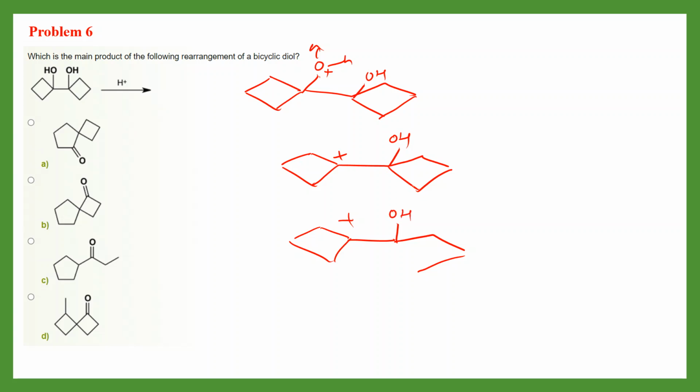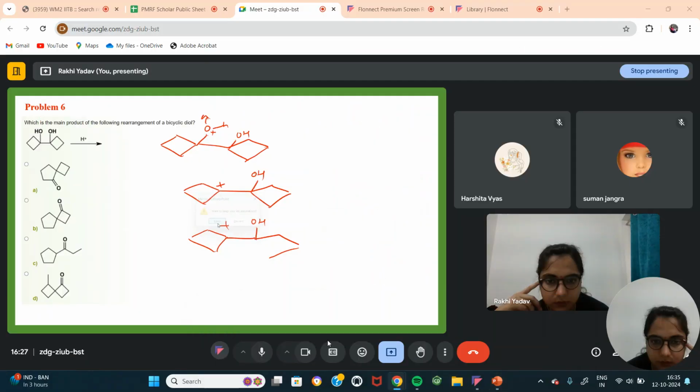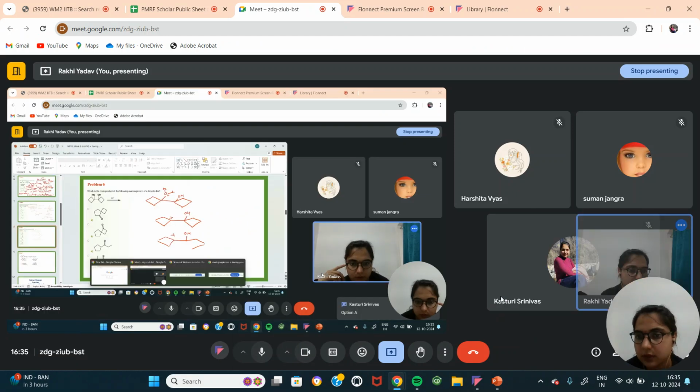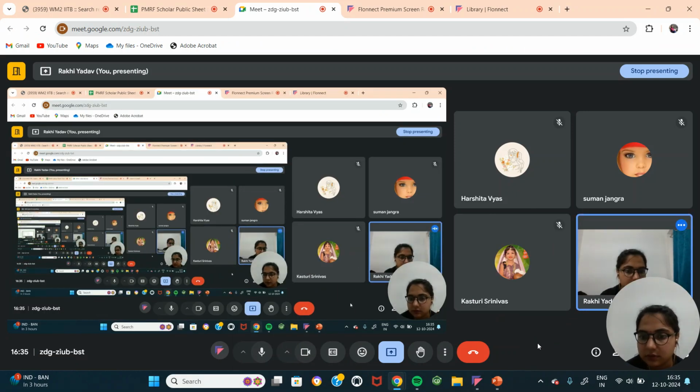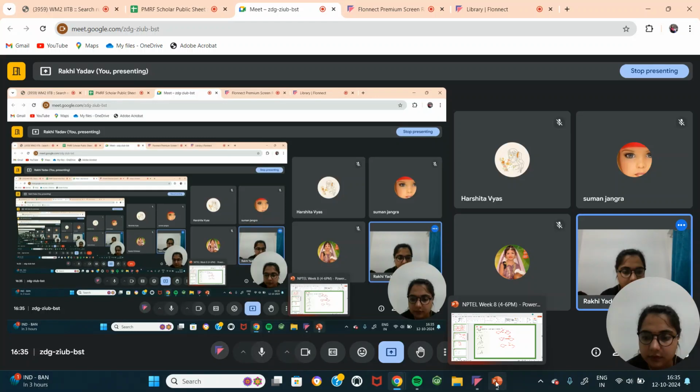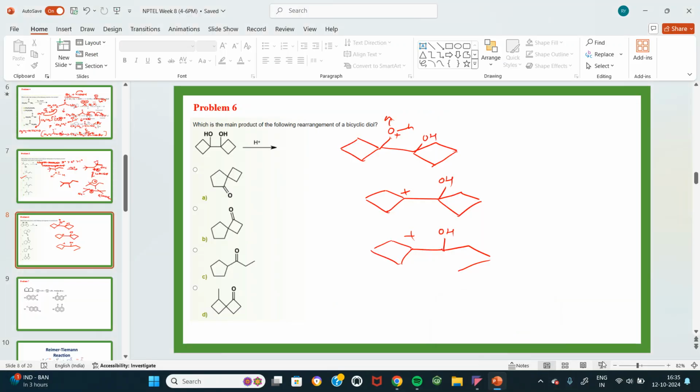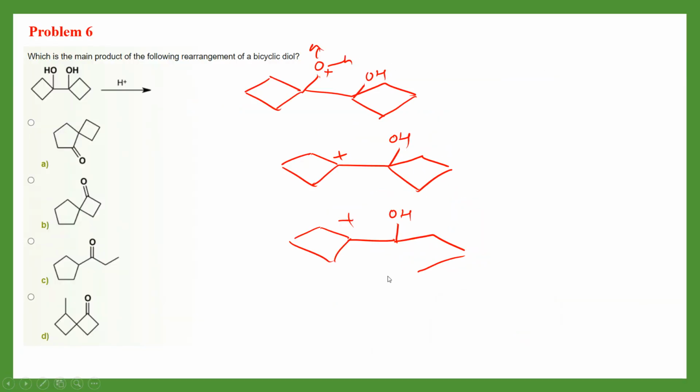Bond breaking, correct? Bond breaking will take place, and the positive charge will come here, negative will come here.